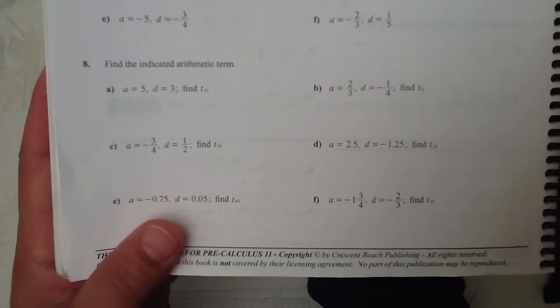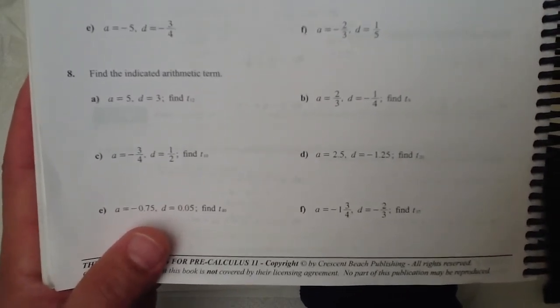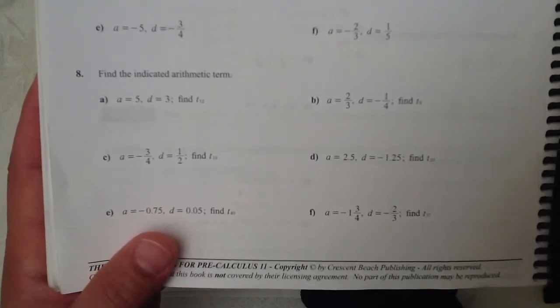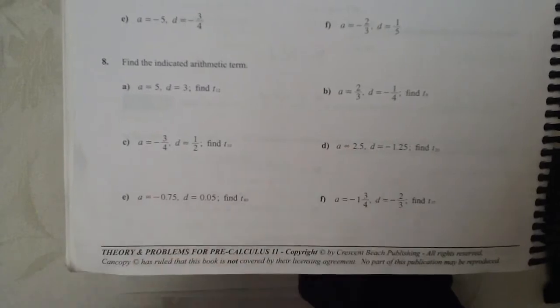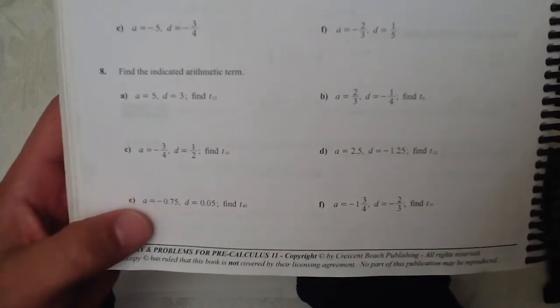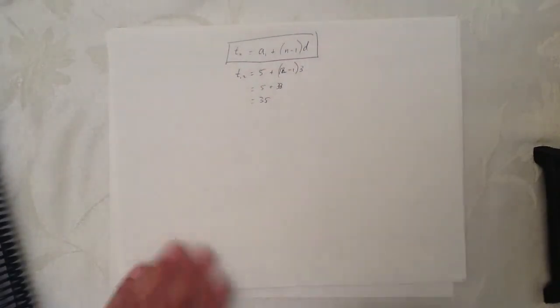Okay, some of them get a little bit more complicated because they introduce decimals or fractions, but it's the same idea. All you're doing is plugging it all into that formula and making sure that you do the math correctly. So this is all grade 8 math here, where you're multiplying fractions and decimals, etc. But this is the formula you have to know. That one should be committed to memory.